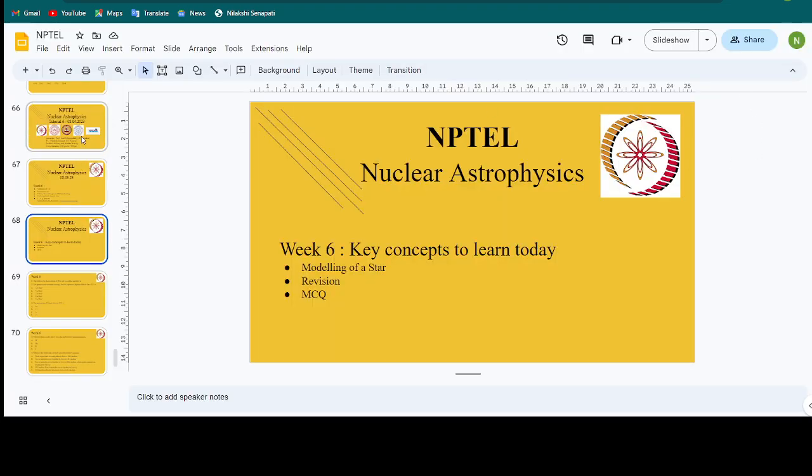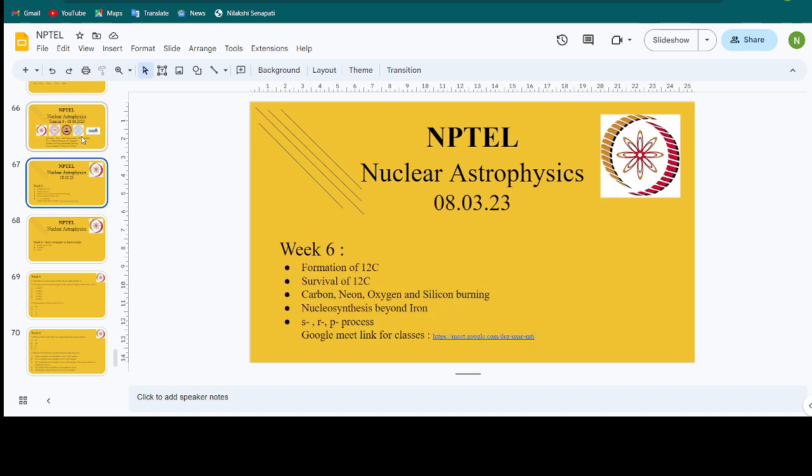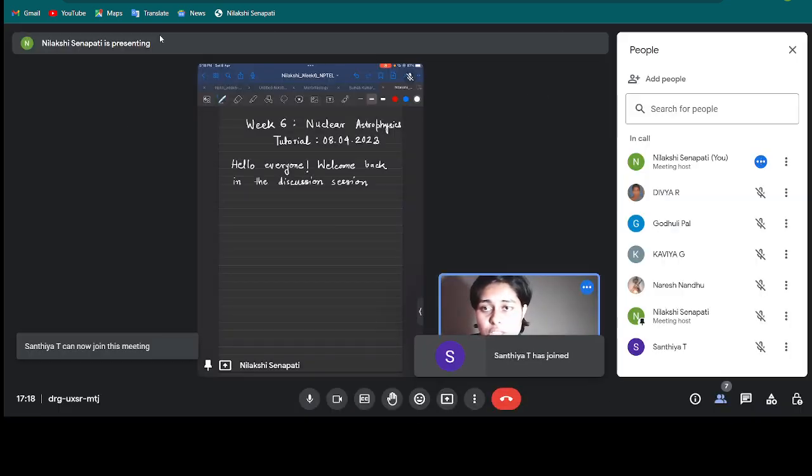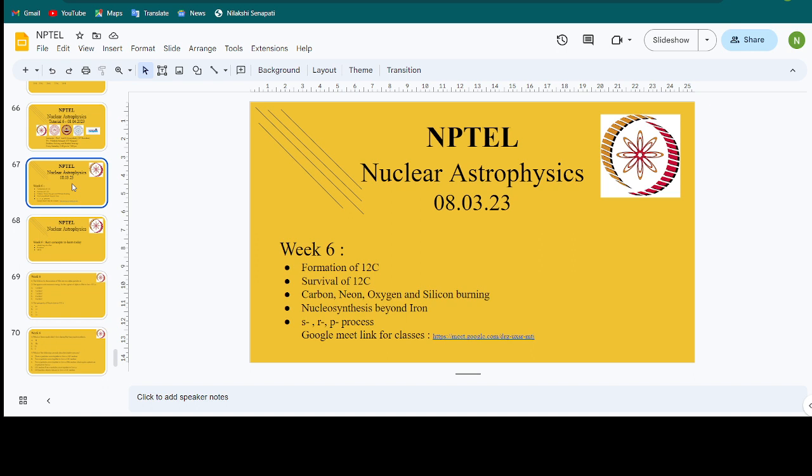In this week 6 content, there was formation of 12C, survival of 12C, then carbon, neon, oxygen, and silicon burning, then nucleosynthesis beyond iron, and the s and r processes, all those things. Most of them were discussed in a very elaborate manner by the professor. One thing is noticeable: in these weeks' questions, you got mostly very informative questions.